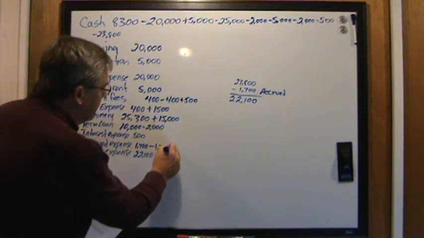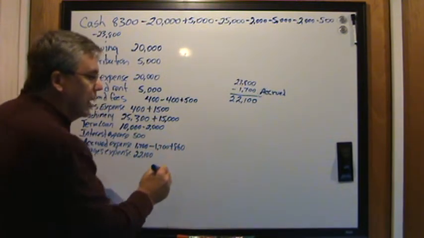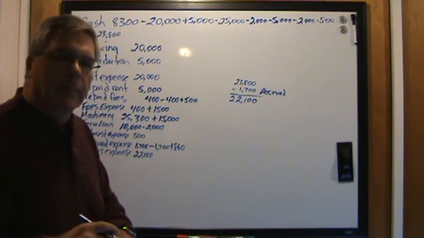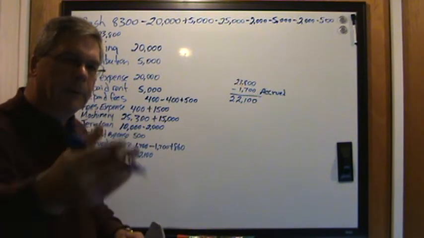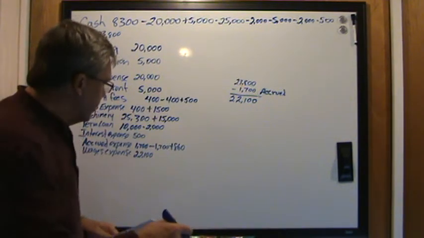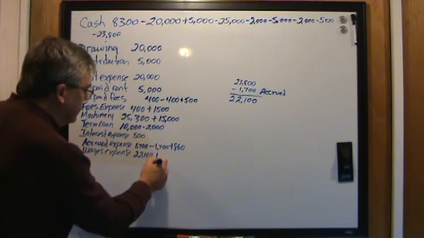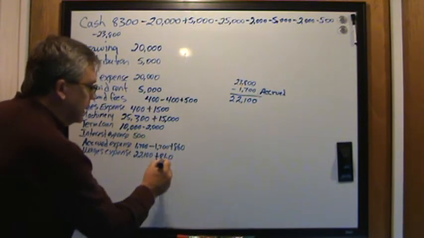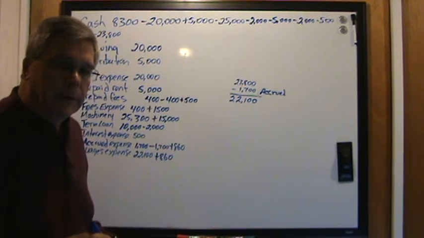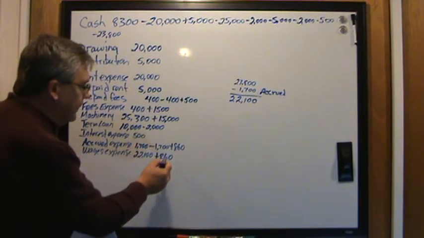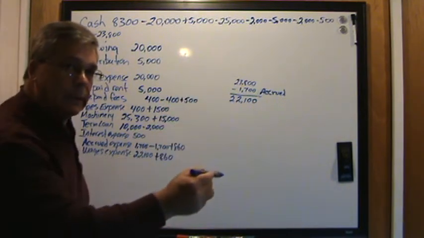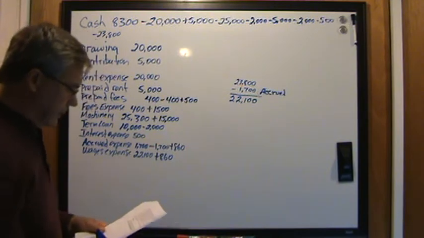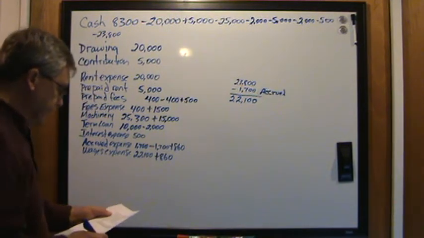But now we're going to have another $860 of wages that have been earned but not paid yet. They'll be paid in 2015. So this also represents part of wage expense for this year. So it's a wage expense, but it won't be paid until next year. So that'll show up on the balance sheet.